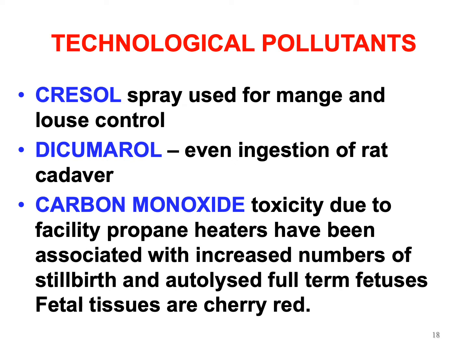Of course, if the rat poison is available, this is even worse. So the dicumarol will counteract the vitamin K and will cause disseminated bleeding everywhere in the body, including the uterus, and consequent abortion.